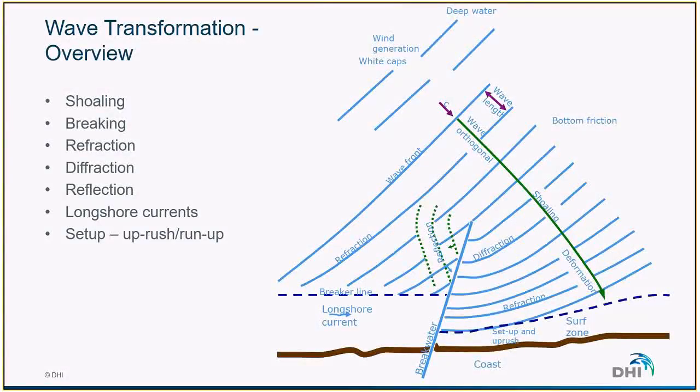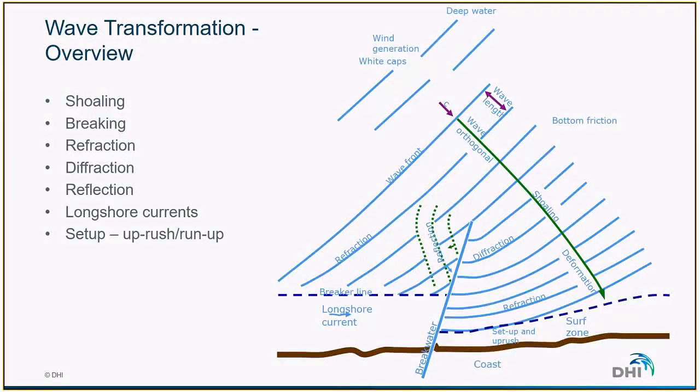As we've seen before, the waves are generated by the wind in deeper water, and then they will propagate towards the shore with a certain speed. And depending on the bathymetry or whether there are structures on their way to the shore, they will be affected. For instance, here on this plot, we can see that there is a breakwater which is located in the middle of the coast.